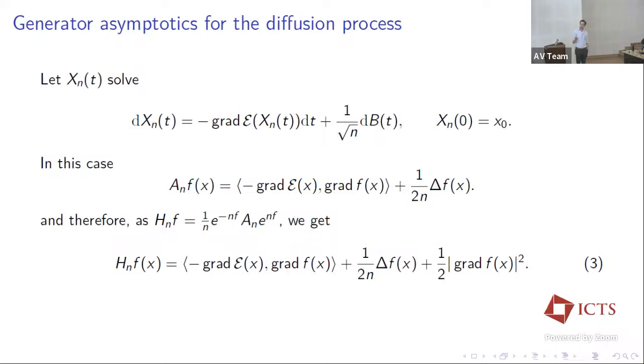If I then plug in this formula, I'm not going to do fully the computation. But of course, we work with gradients applied to f. So by the chain rule, the e to the power nf goes through the operator. It's going to kill the e to the power minus nf. But somehow, if at the end of the day you assemble the terms, you find 3 of them. The drift term remains unchanged. The Laplacian remains unchanged.